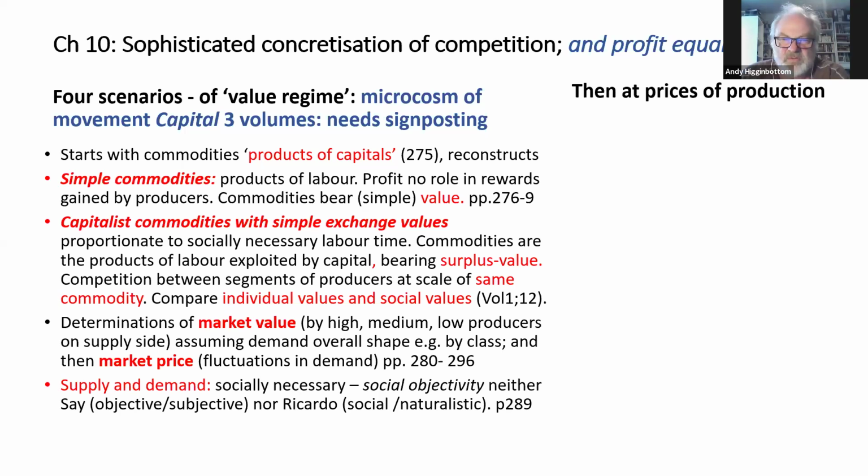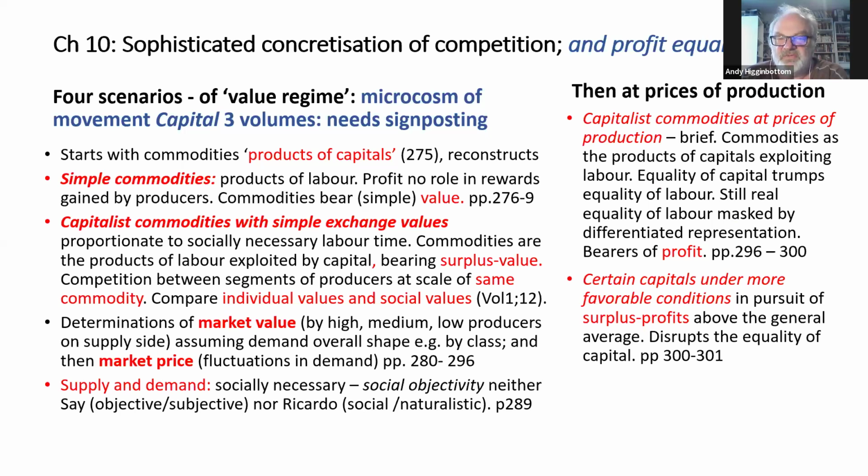But he's also moving away from a naturalistic labor theory of value, because in this scenario Marx is explaining that value itself is a social relation. There's a lot of movement of different social actors that affect what value actually is at any moment. Socially necessary labor time is the substance of value.